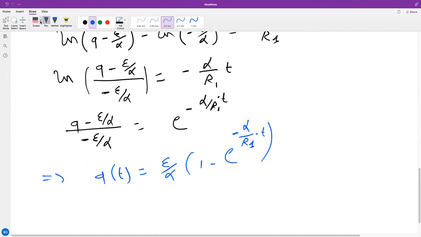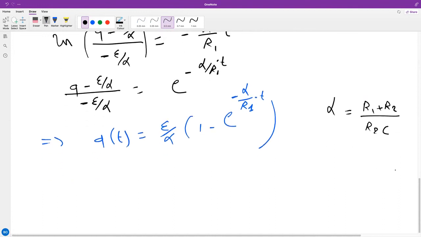We know that alpha is equal to (R1 plus R2) over R2C.